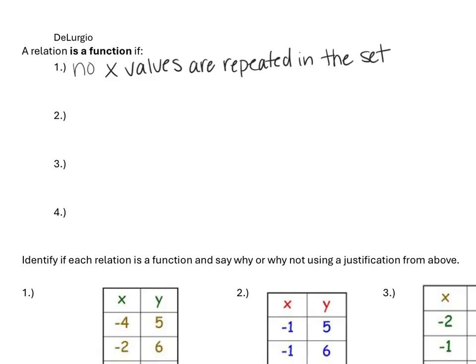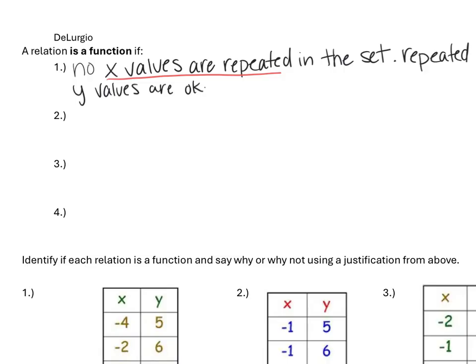So whether that's ordered pairs, a table, or a mapping diagram, you cannot have x values that are repeated. So if you ever see repeated x, then it is not a function. Repeated y's are okay. So let's add that. Repeated y's are okay. But no x values can be repeated.